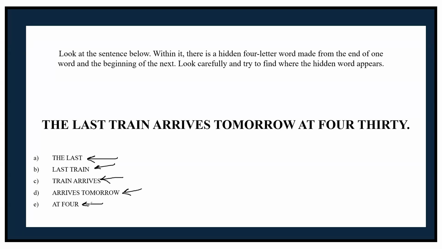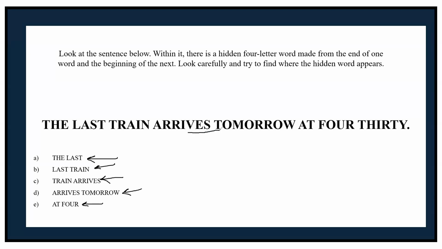Now, I'm going to tell you where it is. You may have seen it already, but the answer is right here. Do you see option D? V-E-S-T, vest. Because that's a real word, isn't it? And it's stretched across two words. We've got the V-E-S in one word and the T in the next word. So vest would be the correct answer. And here it is in the bigger sentence, vest.